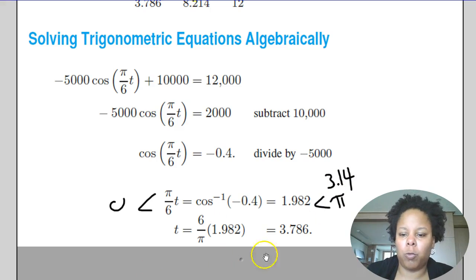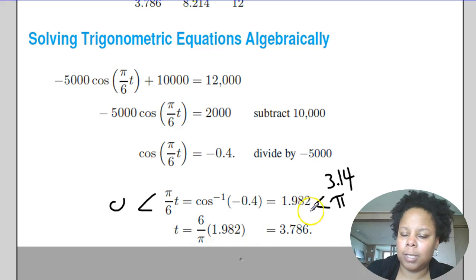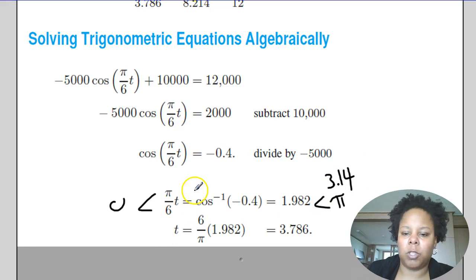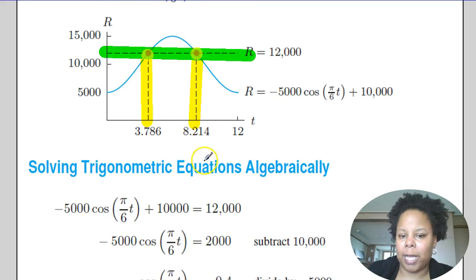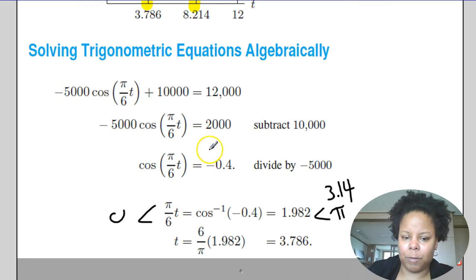And so it would not include a value of pi over 6 times t that is greater than 3.14. As a result, we don't get the answer to include the 8.214, because the arc cosine doesn't give values for the angle that's outside of its range.